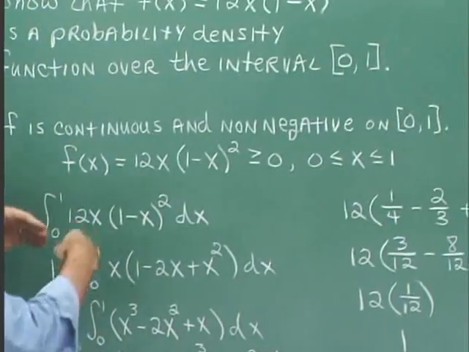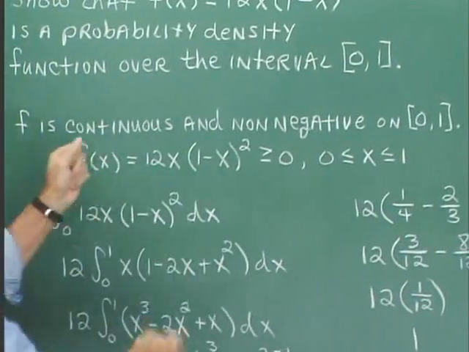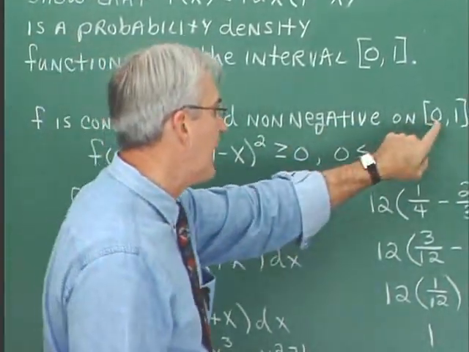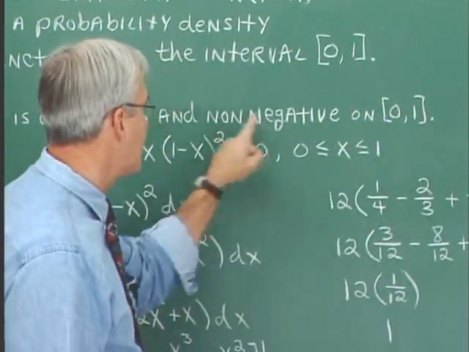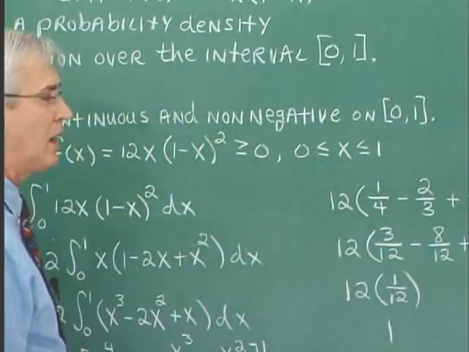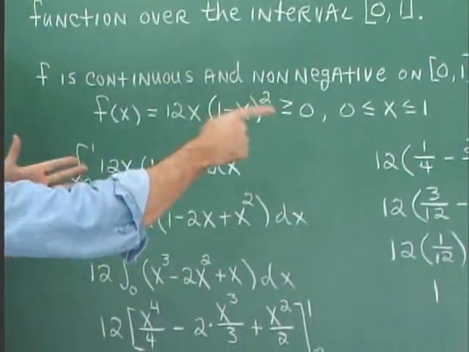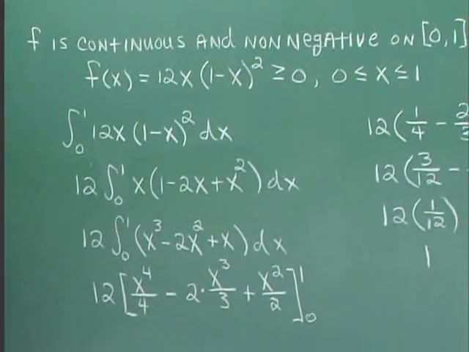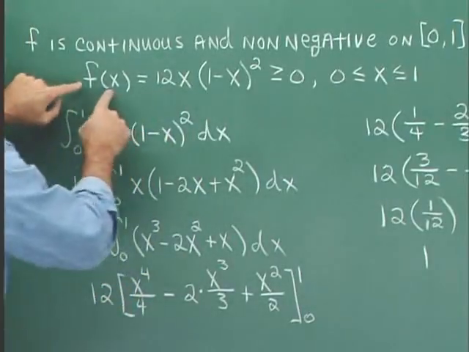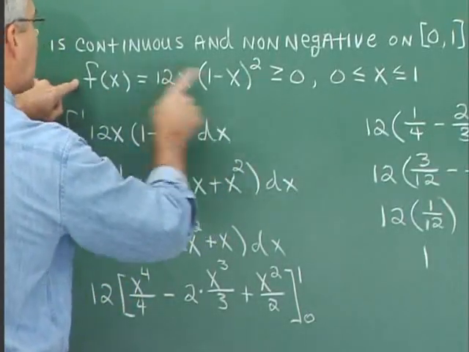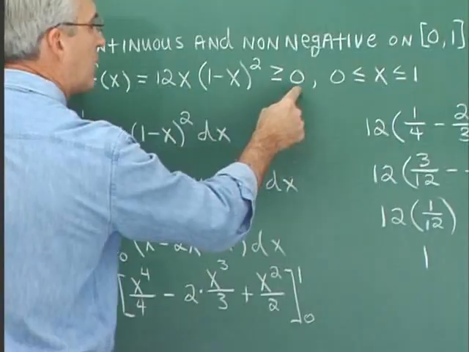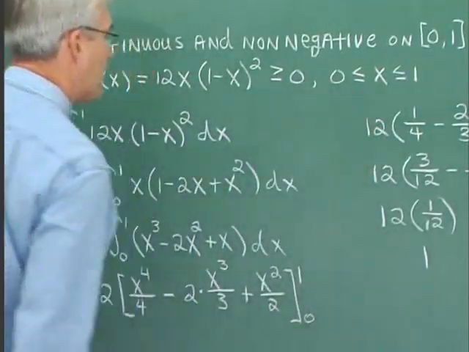Now, you can see it by putting in values of x from 0 to 1. You can see that the function values are non-negative. And the graph will show you that it's continuous, and we know what that's all about. So a way to describe that is that f of x is equal to this. Our function is greater than or equal to 0 over the interval over which we're describing it.